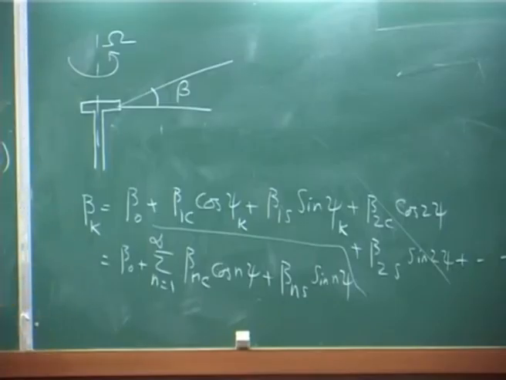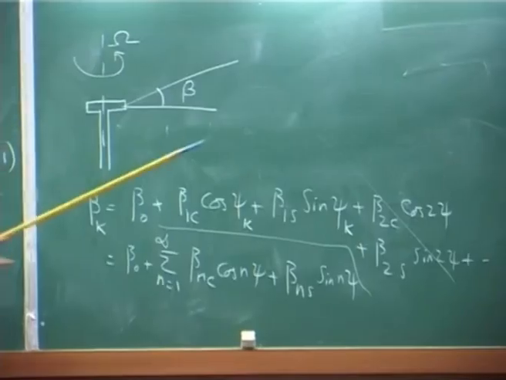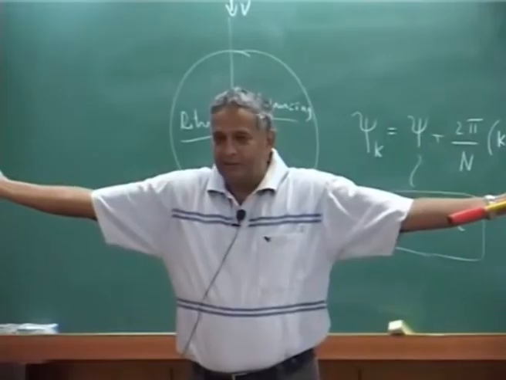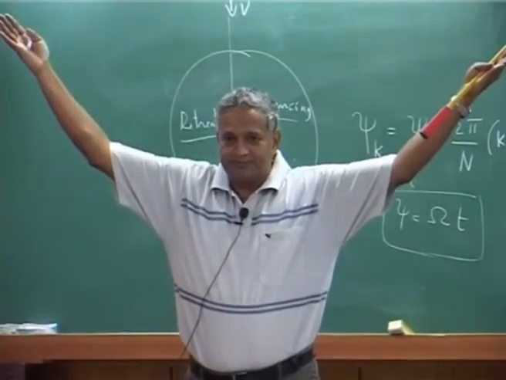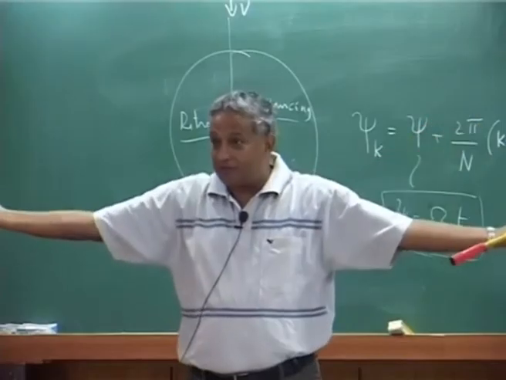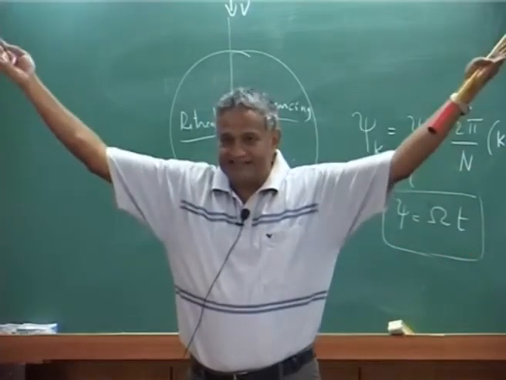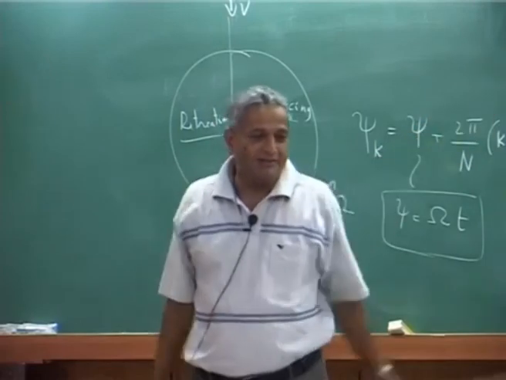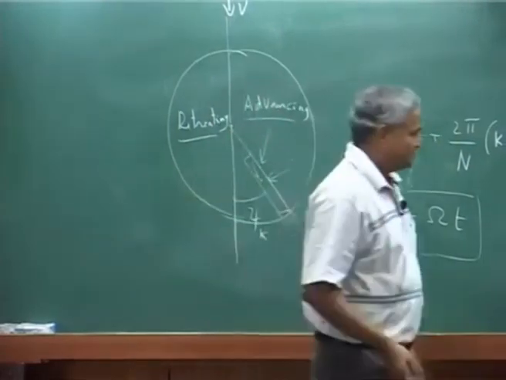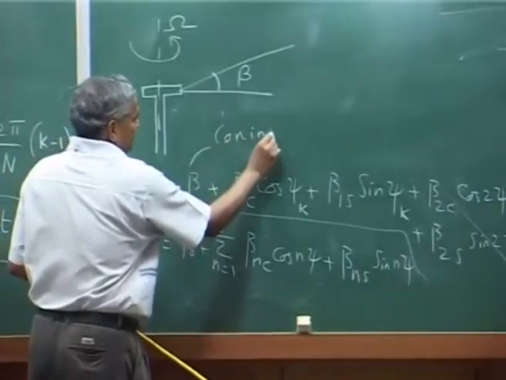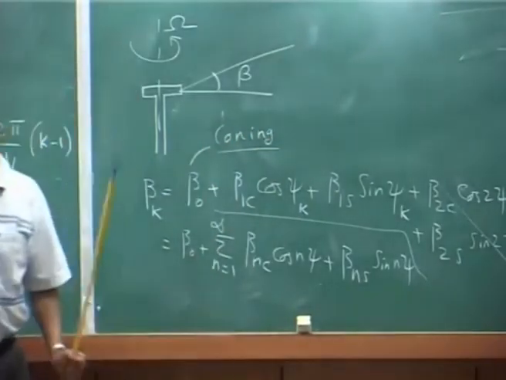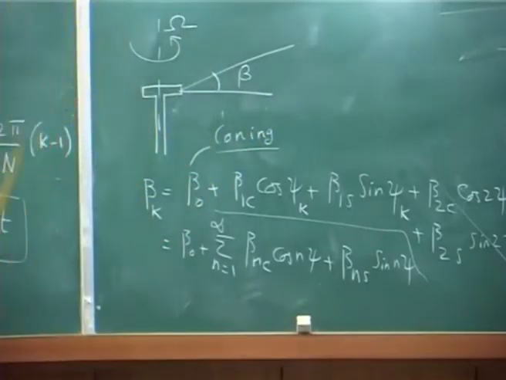When it goes round and round, now you see, this is the blade, beta naught means it has gone up. Okay, that is all the blades have gone up by the same amount, and this is called the coning. Okay, all of them have gone up, same value.